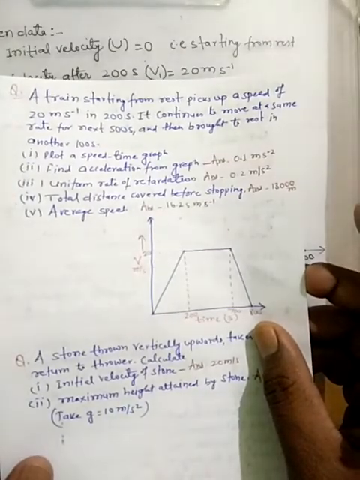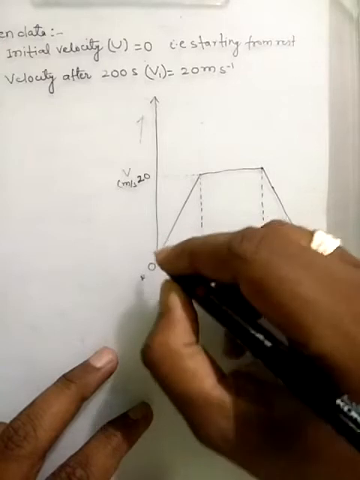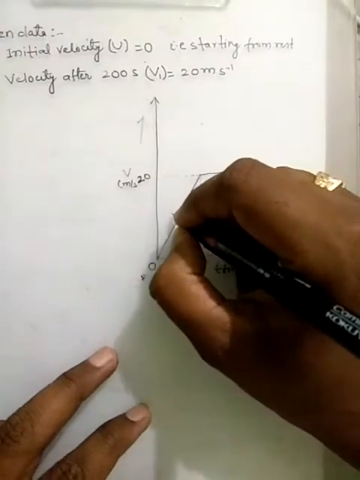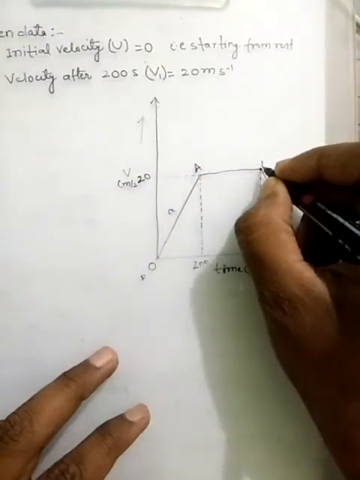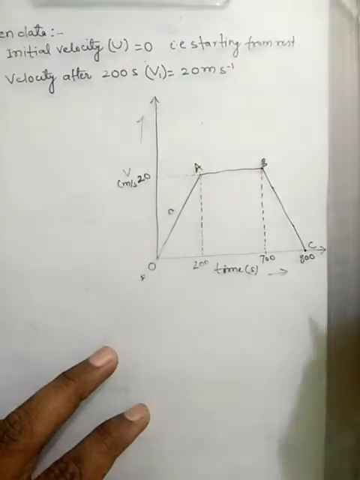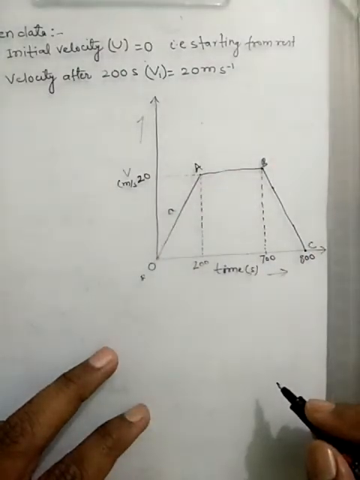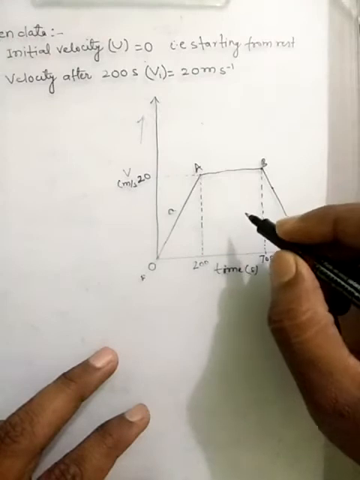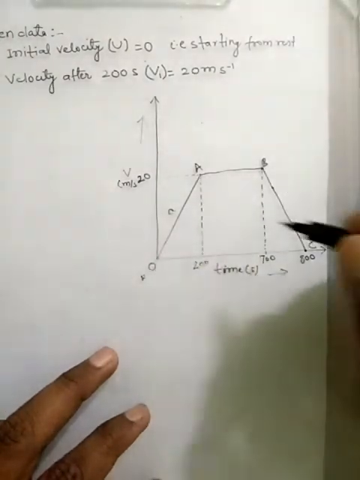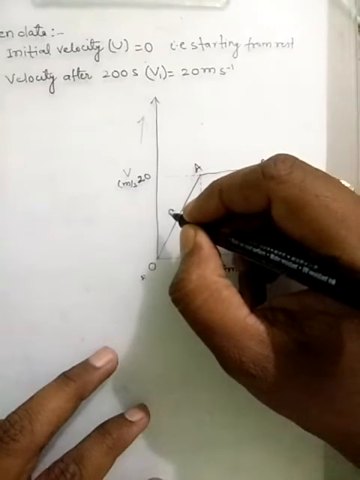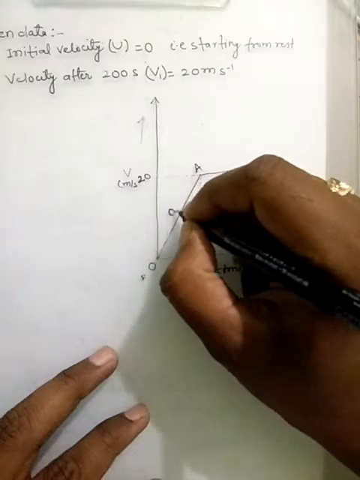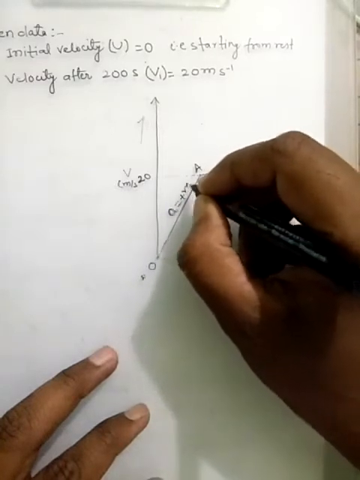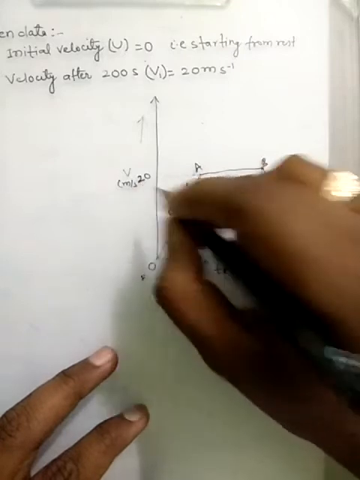Now the second question is find acceleration from the graph. If we represent this curve with some alphabets like O, A, B, C, D, then the acceleration from O to A is positive, that is velocity is increasing from 0 to 20.